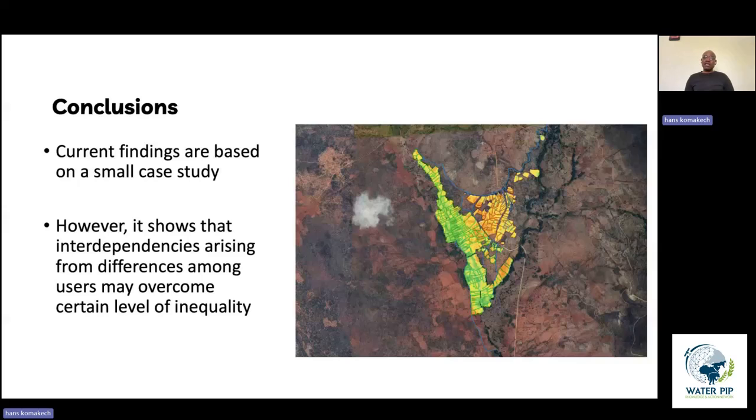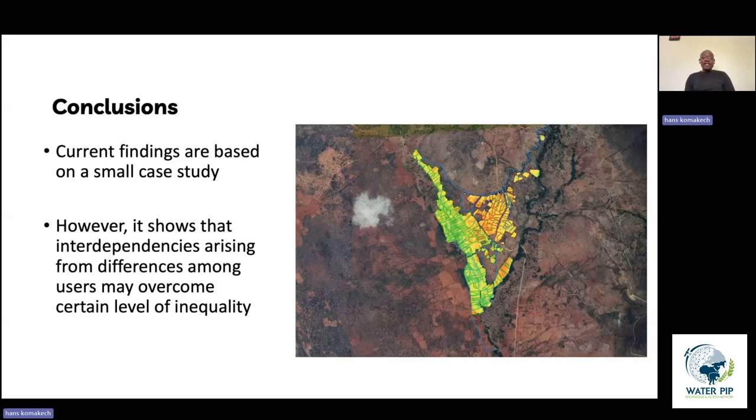I want to draw two lines here as I end my talk. The current finding is based on a very small area and is limited to the context of Tanzania and northern Tanzania, a group of ethnic groups that more or less speak the same languages, although they have relations that go upstream.